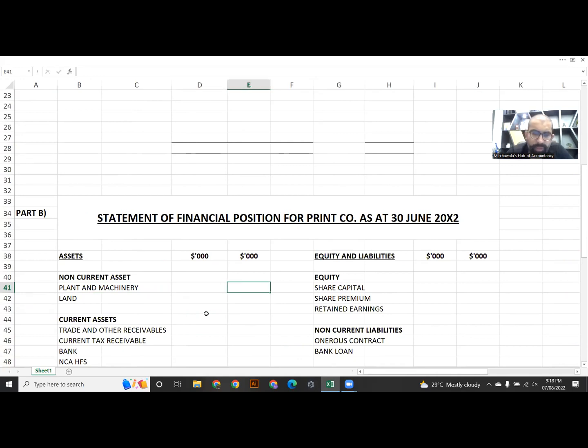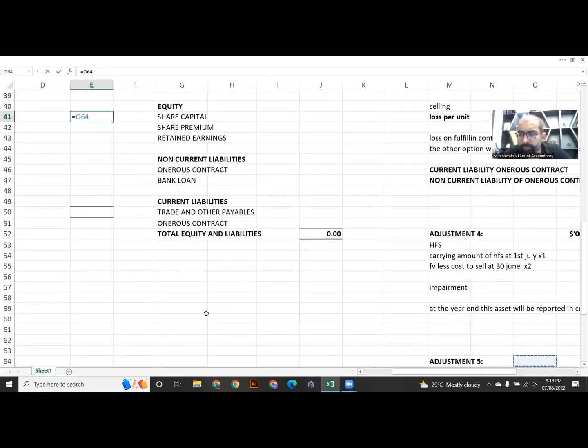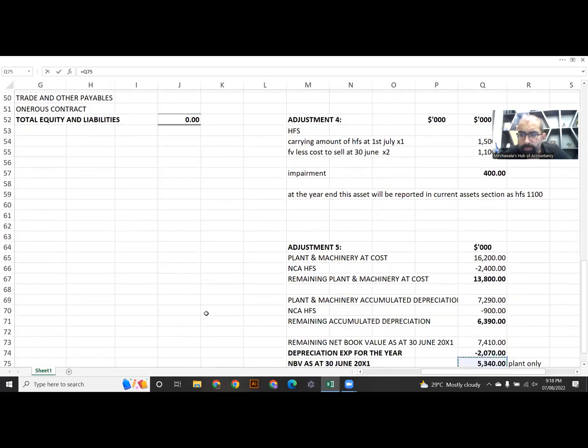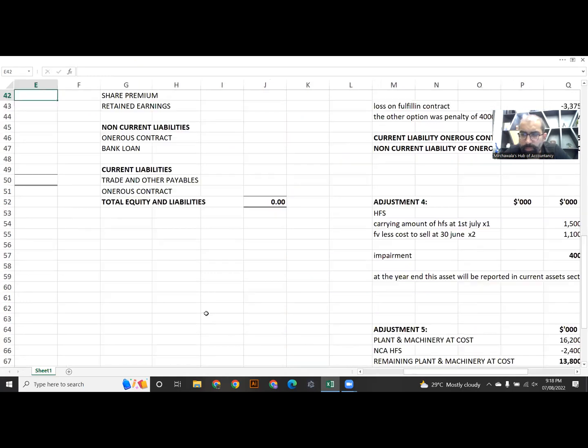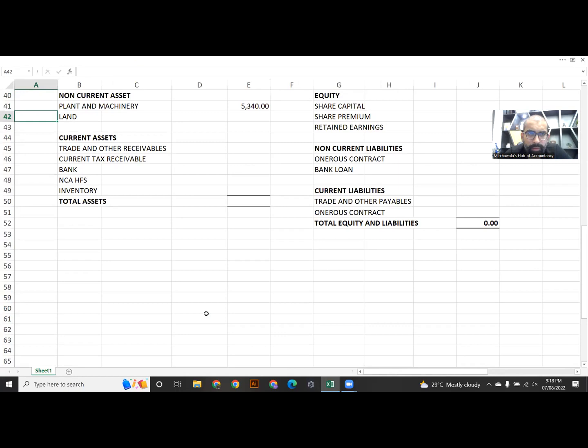So it will be like, wait, let me find the working. This is plant, and what about the land? It's 45,000. Now current assets, trade and other receivables.